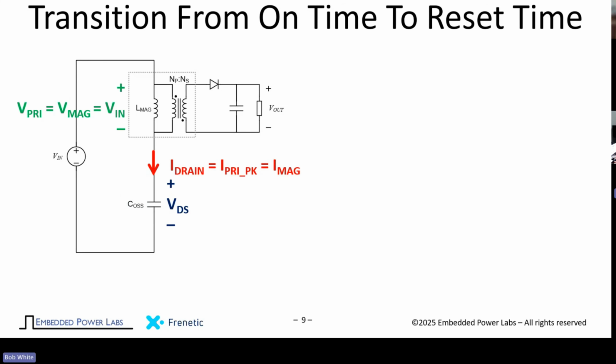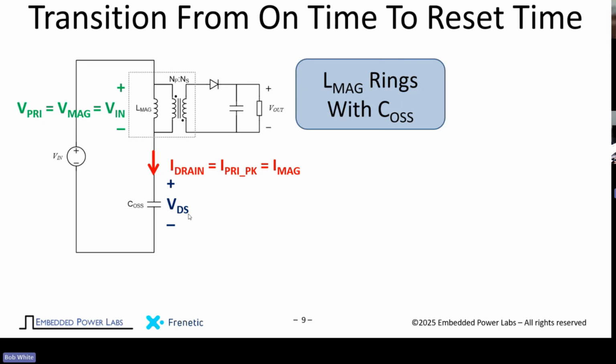So we've turned off the switch. We have this capacitance. We have the drain current, which is equal to the magnetizing current. The voltage here is still approximately 0, and this starts to ring. This inductance starts to resonate with this COSS.